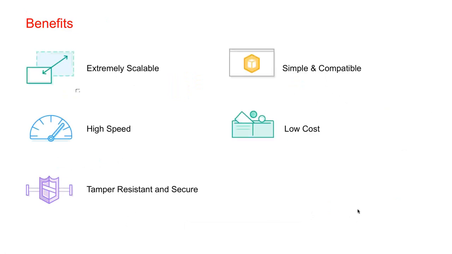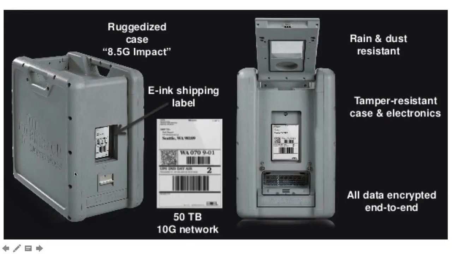So let me just go to the next slide. This is how the entire Snowball appliance looks like. It is tamper resistant, it is rain and dust resistant, and all the data that you store onto the Snowball appliance gets encrypted through the Key Management Service, or the KMS.